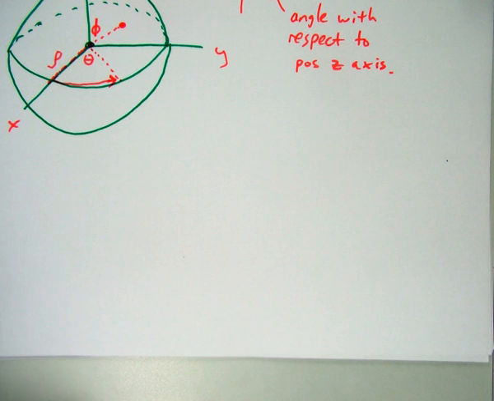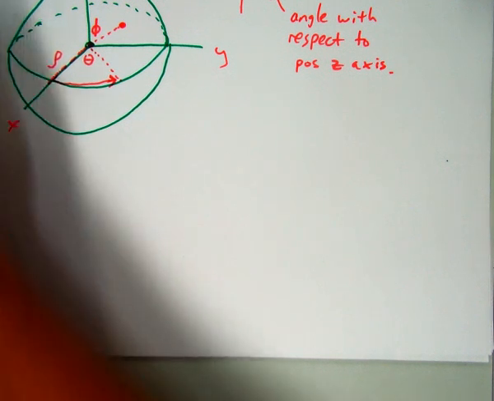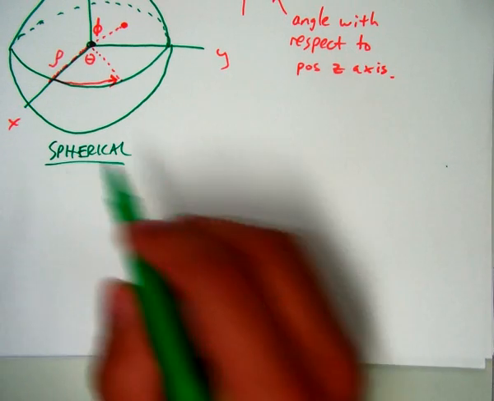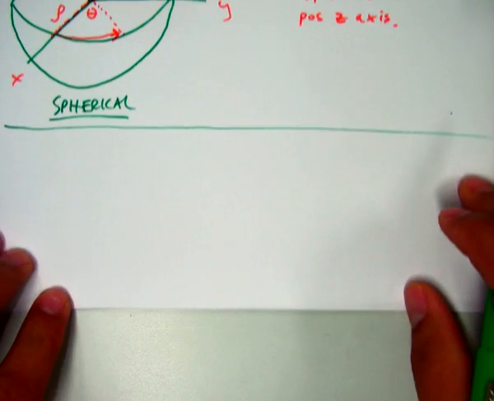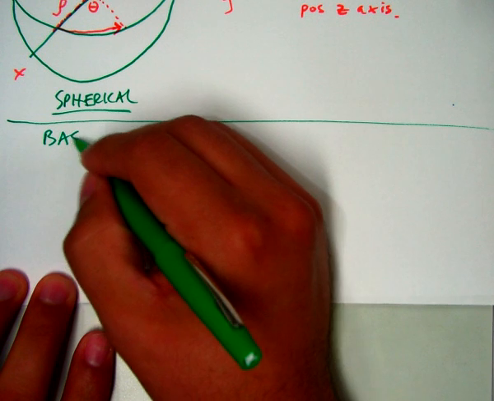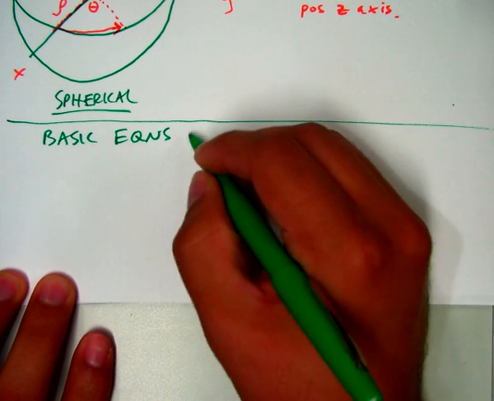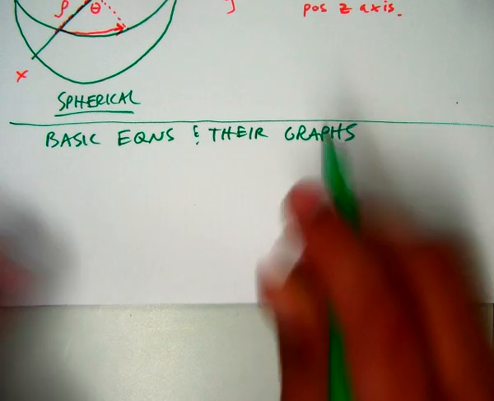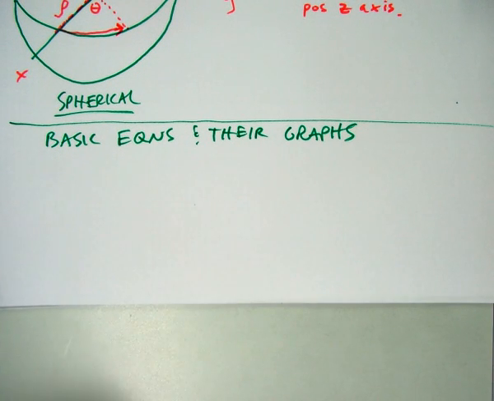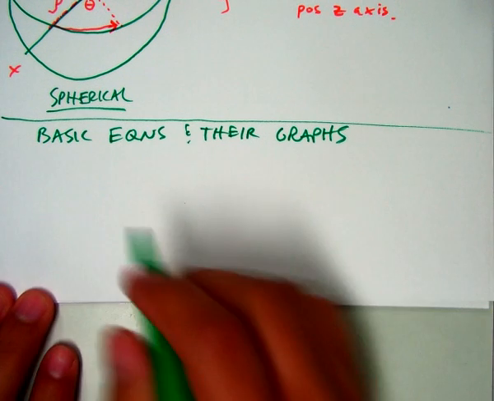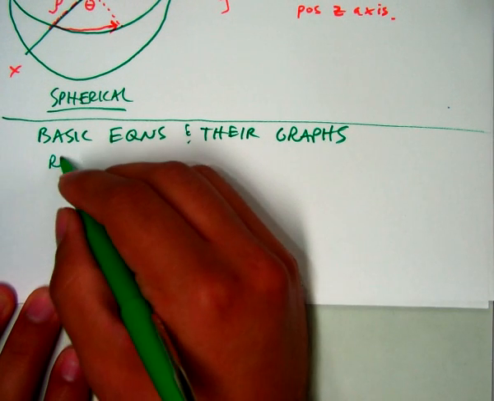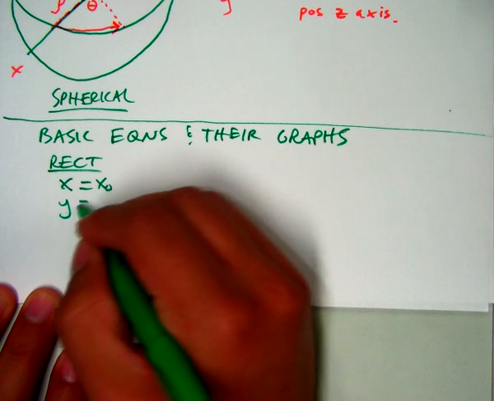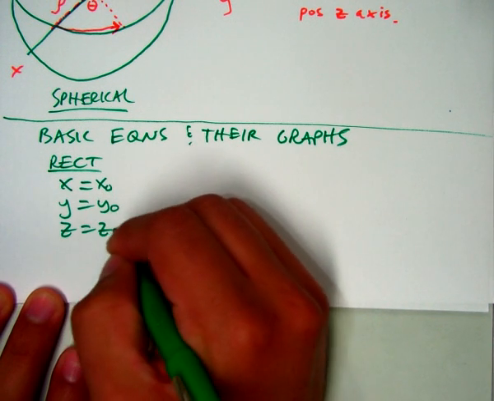Before we make all the connections between all three, let's talk about some basic equations and their graphs. This one we've already done, but in rectangular, if I do x equal to a constant, or y, or z, these are all what?